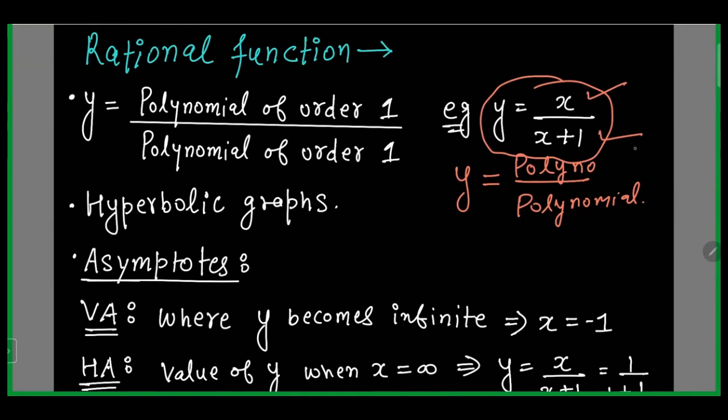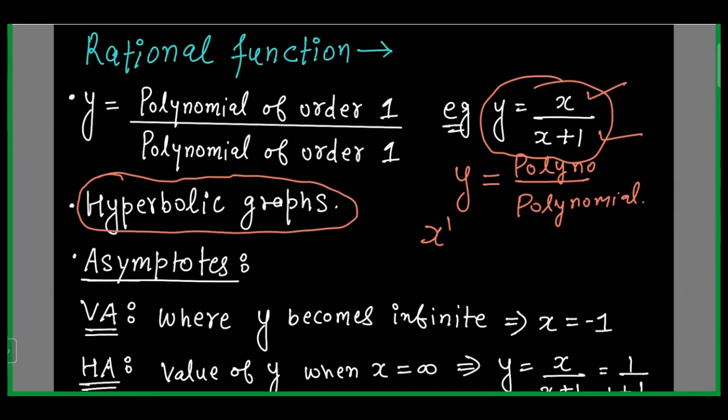And both these polynomials have order 1. Order 1 means x power 1. So when you have this kind of case, then your graph is a hyperbola. So always remember, the graph for rational functions is always a hyperbola.